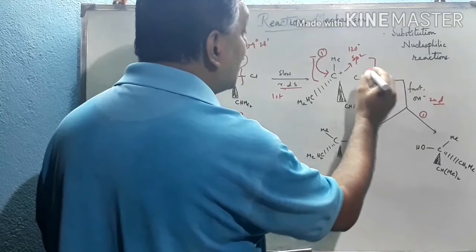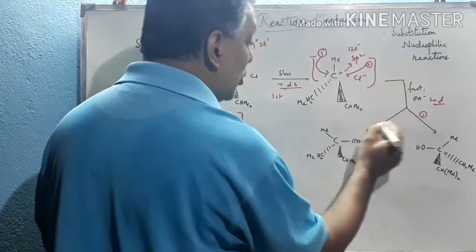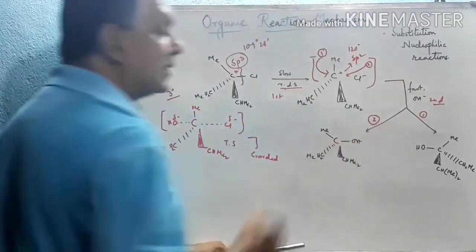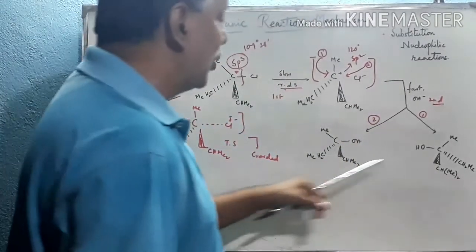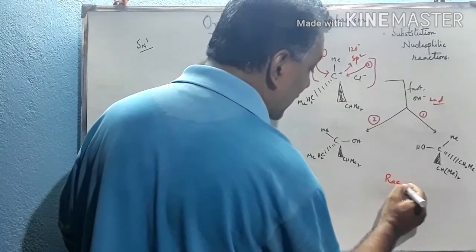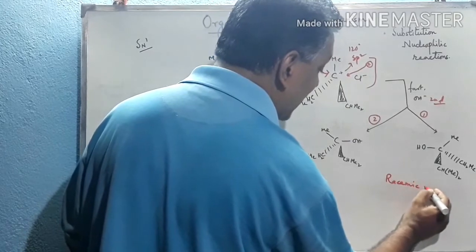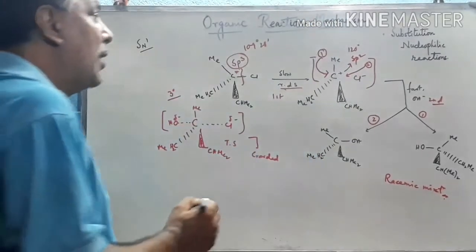Now OH minus may come from this side also, second. So the second compound occurs. If this is R, then this will be S. If this is S, then this will be R. So a racemic mixture is obtained here, and this is the marked difference between the SN2 and SN1 mechanism.